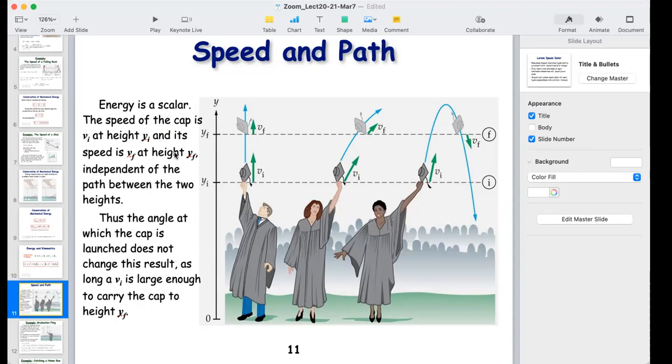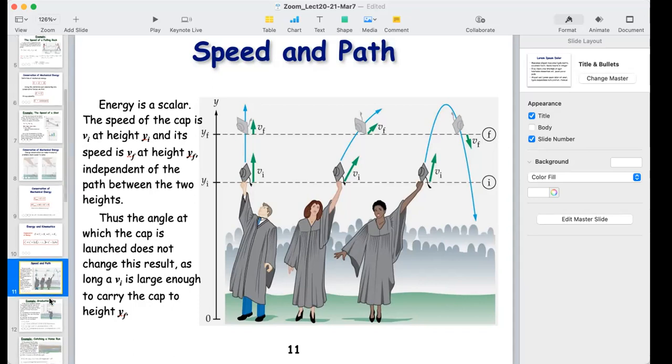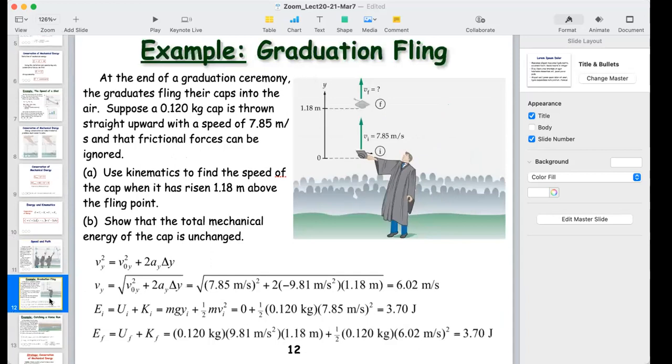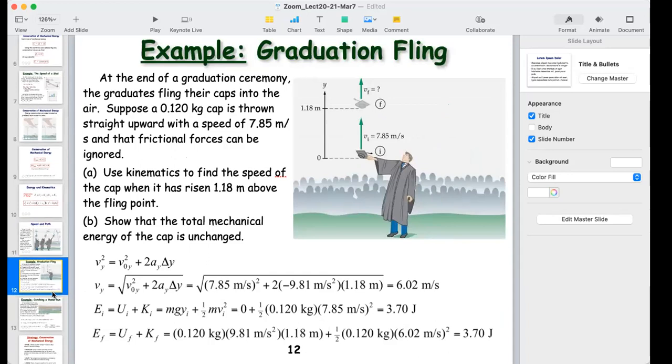This is because as long as V initial is large enough to carry the cap to the height of Y final, these three situations, if you do the calculations, you're going to find that the conservation of energy is the same, which is very powerful and easier than our usual kinematics problems.